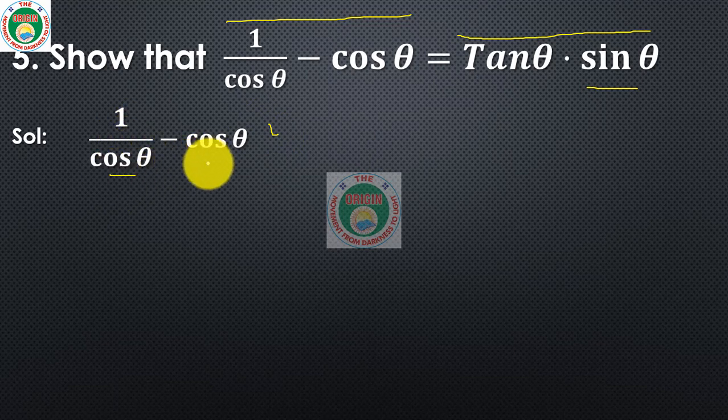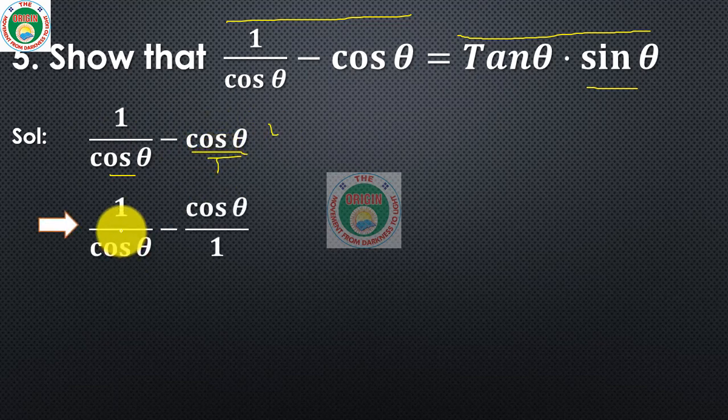1 by cos θ minus cos θ, here cos θ is written as cos θ by 1. I want to take the LCM here. 1 by cos θ minus cos θ by 1, the LCM of cos θ and 1 is cos θ.